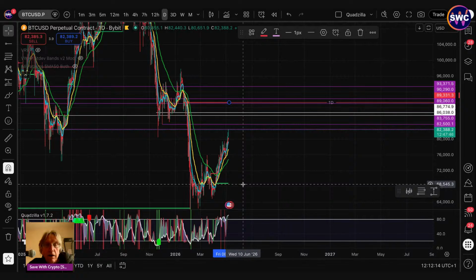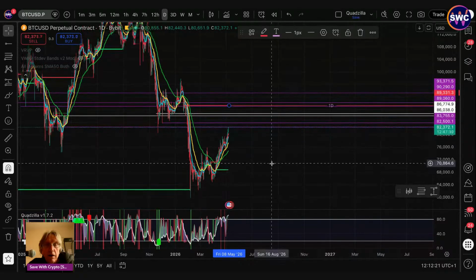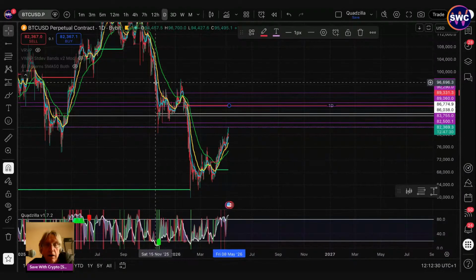I'm not going to worry about that green one down there because I suppose I could, couldn't I? No, let's not worry about that one for the moment because I think I'm looking for a price higher than where we are now, where it might reverse from. So let's have a look. 12-hour maybe.